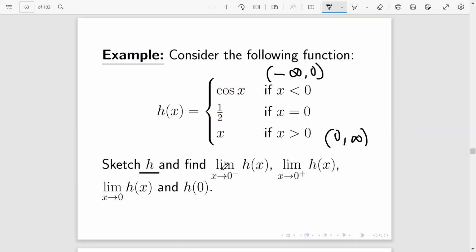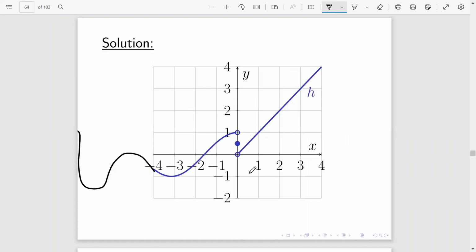Now we have to look at our limits. We are asked to look at the x values approaching 0 from the left; what are the y values approaching? If you look at this function, as the x values approach 0 from the left, where the 0 point is here, can you agree that the y values are increasing and approaching 1?